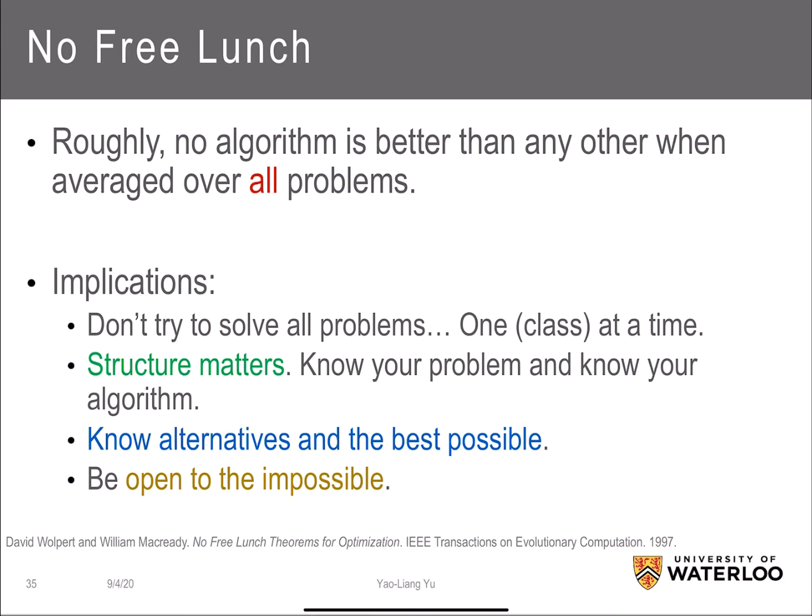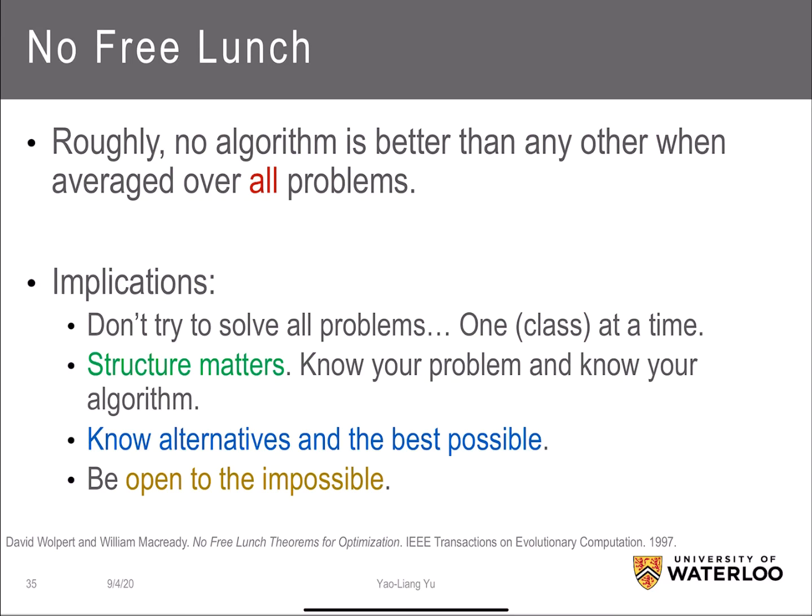This is my last slide, where I want to convince you that there is no algorithm that can work for every problem. In fact, you can actually formalize this. There is a theorem due to Wolpert and Macready that basically says no algorithm is better than any other algorithm when you average their performance over all problems.